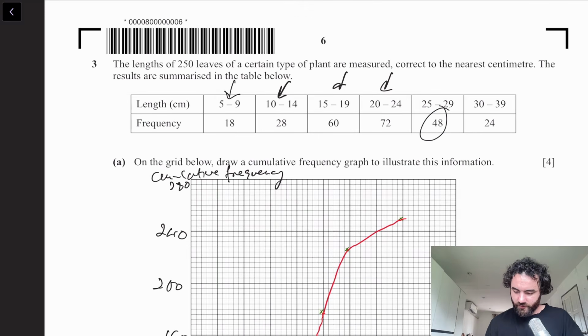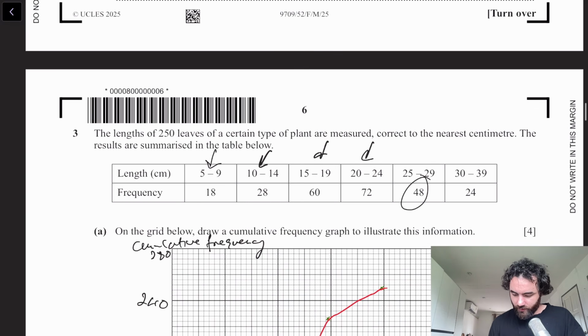I'm just finding the midpoint of each range. So the midpoint is 7. 10 plus 14 is 24, divided by 2 is 12. 15 plus 19 divided by 2 is 17. 20 plus 24 divided by 2 is 22. 25 plus 29 divided by 2 is 27.